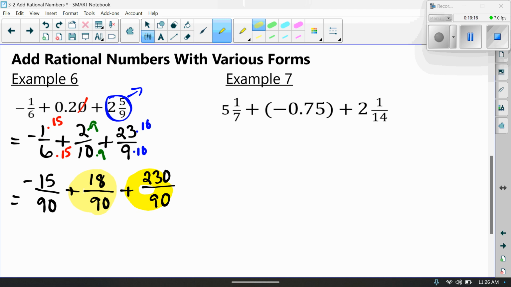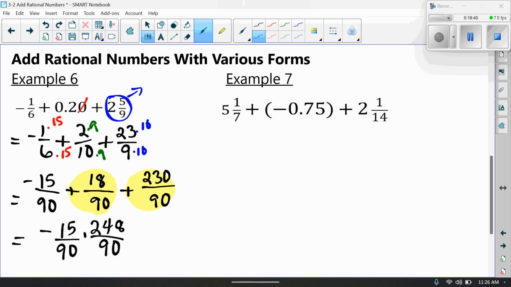What is 18 plus 230? So we've got 248. So this is 248 over 90. And then just bring down that other part. So that's going to be negative 15/90. Is everybody with me?